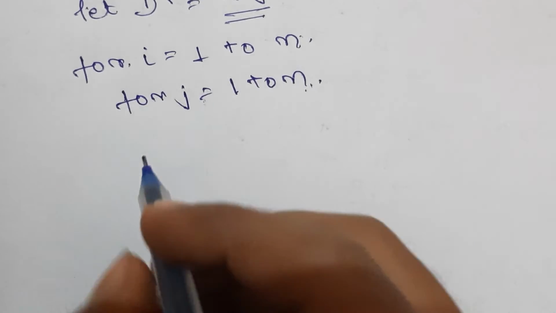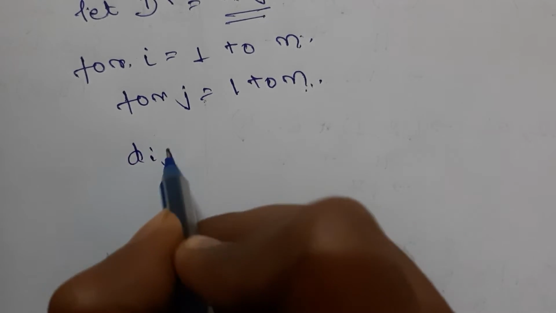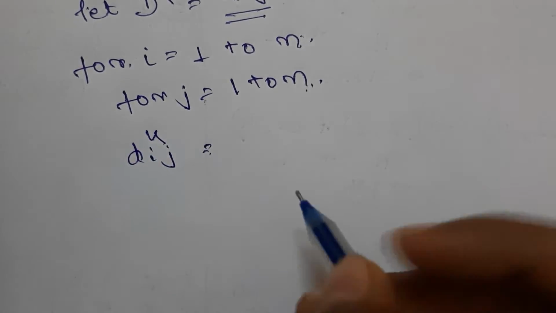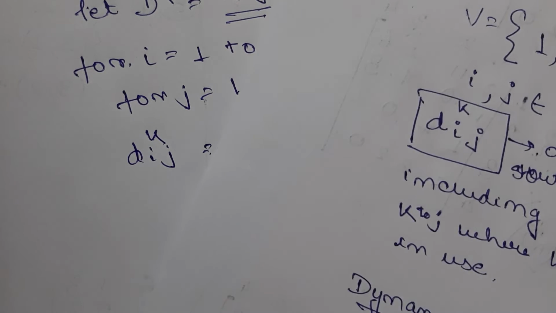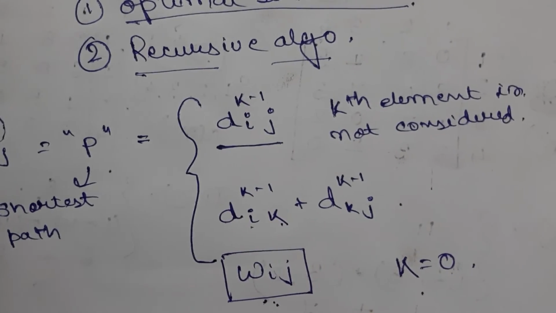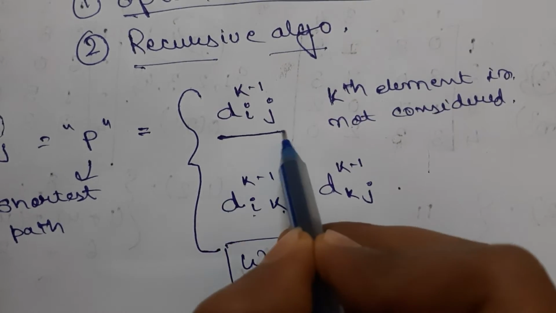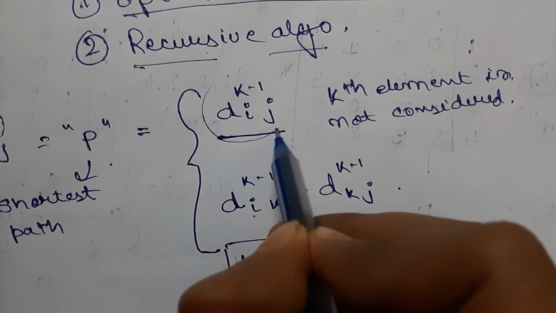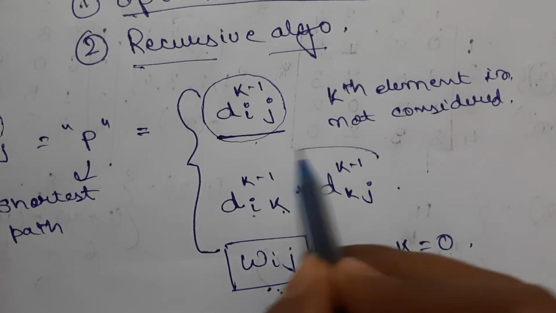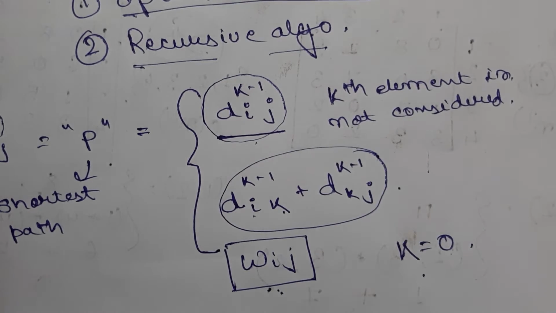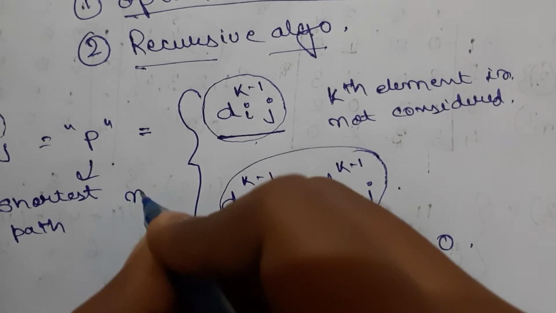Now for calculating d of ij values, according to the recursion algorithm which we have written previously, there were two conditions: we may not consider the kth value, or we may consider the kth element. We have to take the minimum among these two.